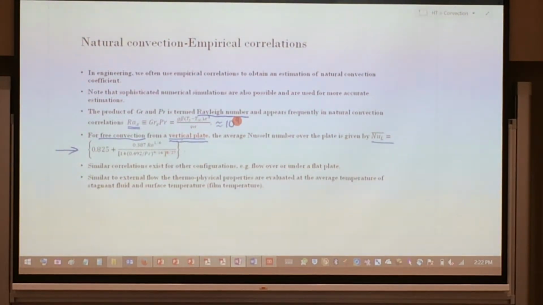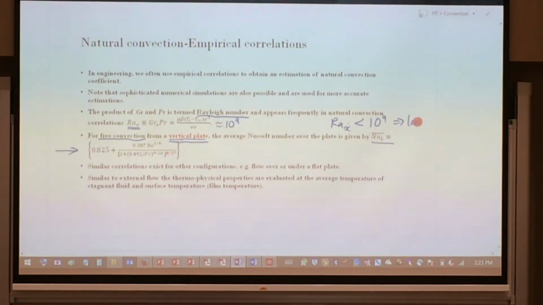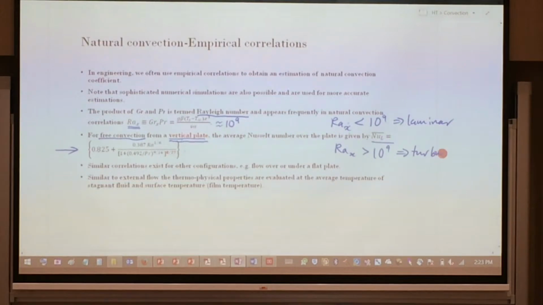If Rayleigh number were to be more than 1 times 10 to the power of 9, then it's in the turbulent region. So if Ra_x is less than 10 to the power of 9, this implies it is in laminar region. If Ra_x is greater than 10 to the power of 9, that means you are in the turbulent region.